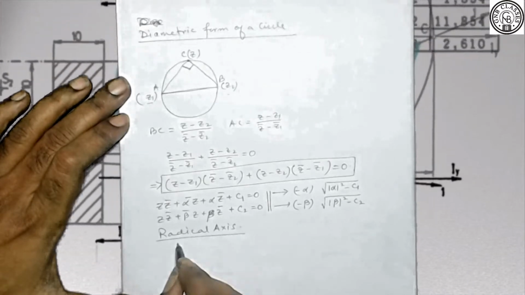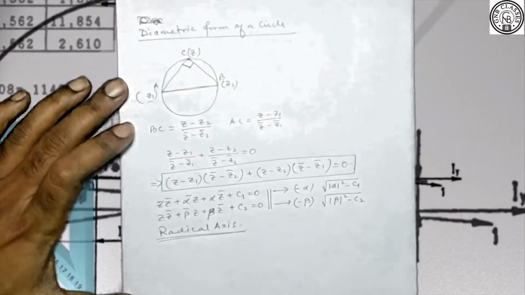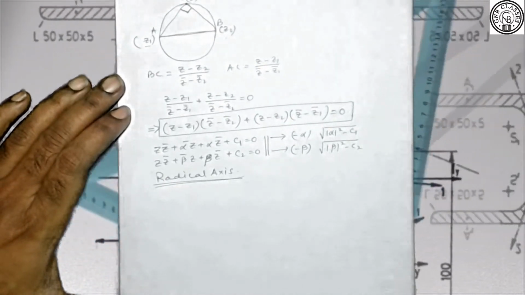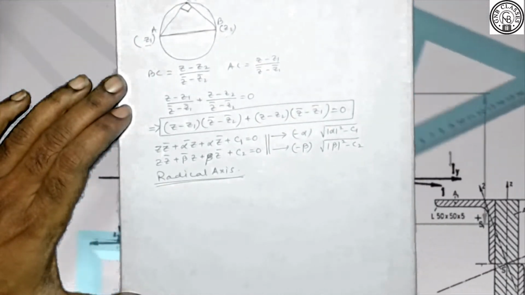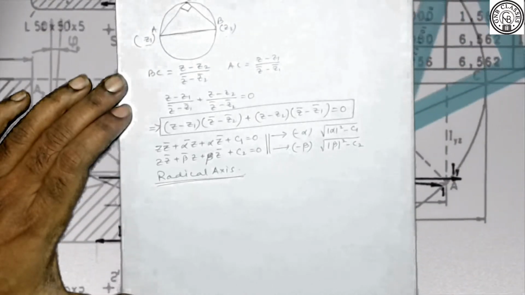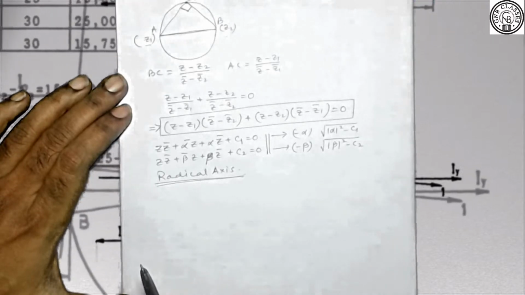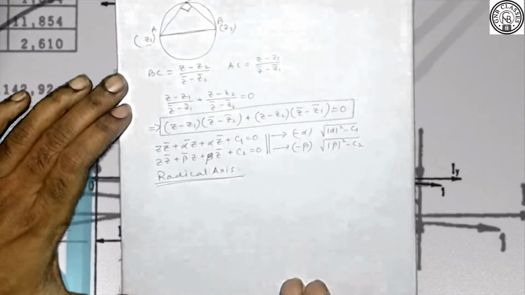Radical axis. Those who have not done coordinate geometry will not understand what a radical axis is. I suggest you see your coordinate geometry part to understand it, because this is not the right place to discuss the definition and details of the radical axis.